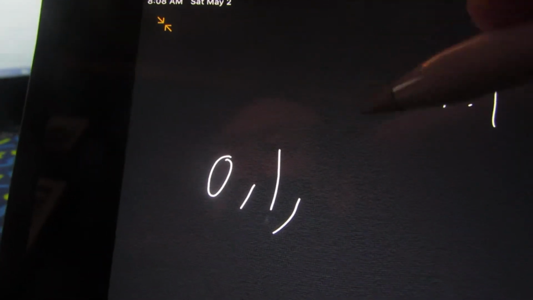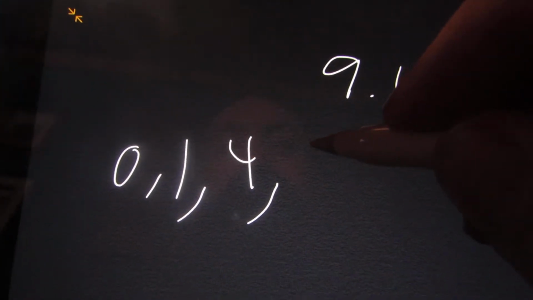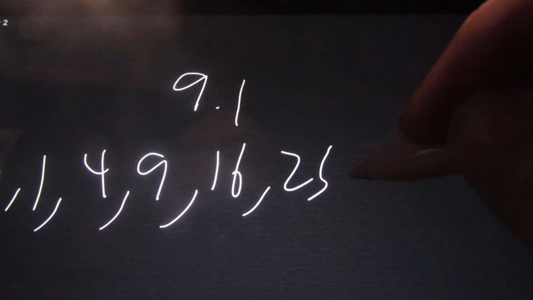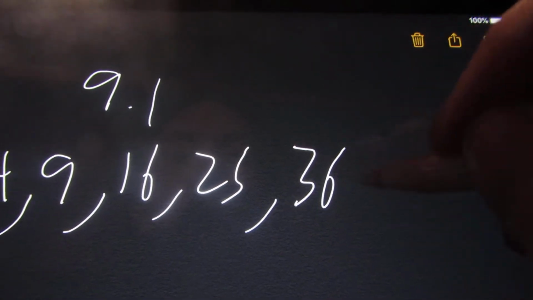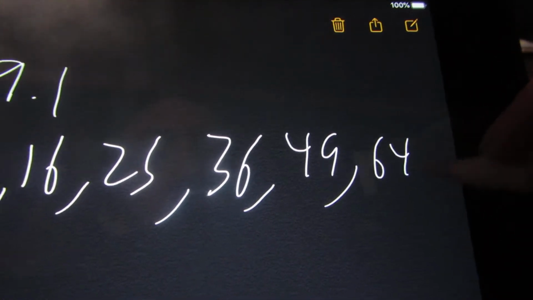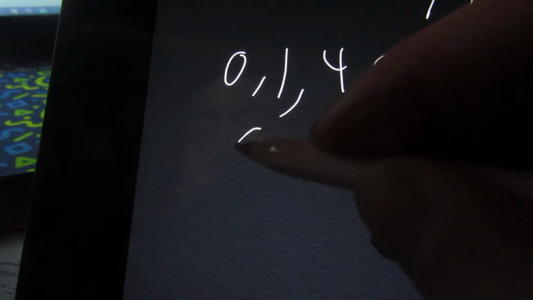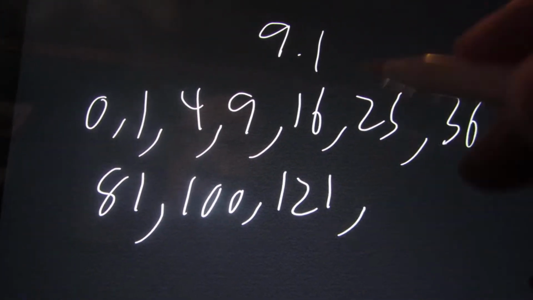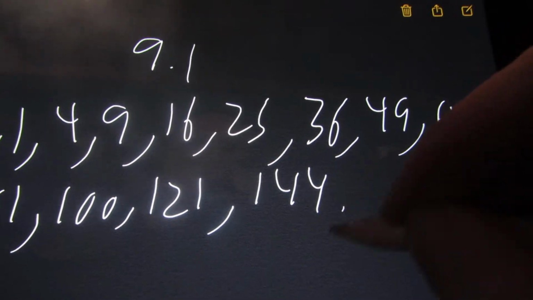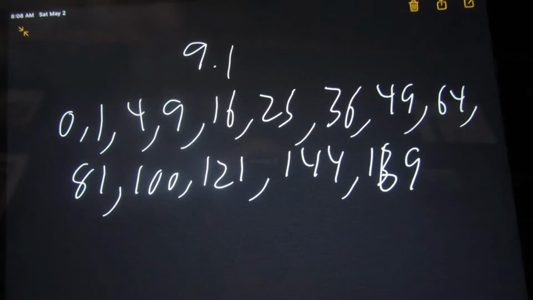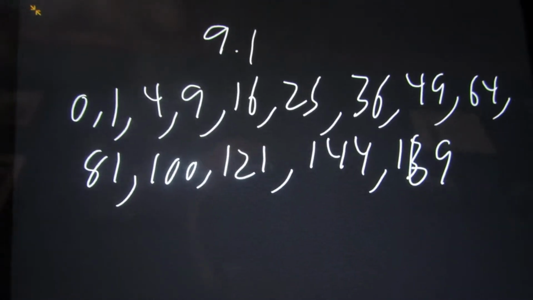So 0 squared is 0. 1 squared is 1. 2 squared is 4. 3 squared is 9. 4 squared is 16. 5 squared is 25. 6 squared is 36. 7 squared is 49. 8 squared is 64. 9 squared is 81. 10 squared is 100. 11 squared, 121. 12 squared, 144. 13 squared, 169. If you memorize these ones, then you should be pretty good.